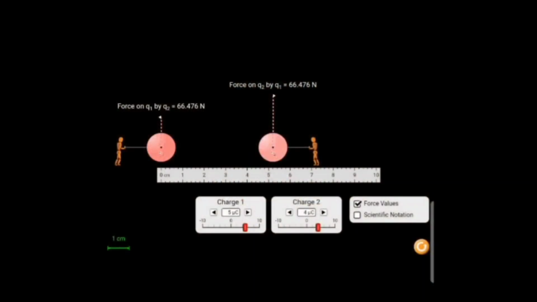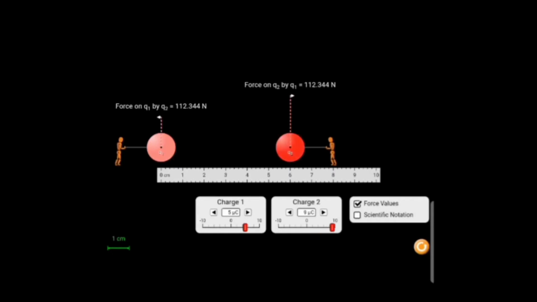Part 2. To satisfy the objective, do the following steps. First, the following link was clicked and the charge Q1 and the distance R were fixed. Their values were written in table 1. Second, Q1 was controlled and fixed at 5 nanocoulombs and the distance between the two objects was fixed at 6 cm.